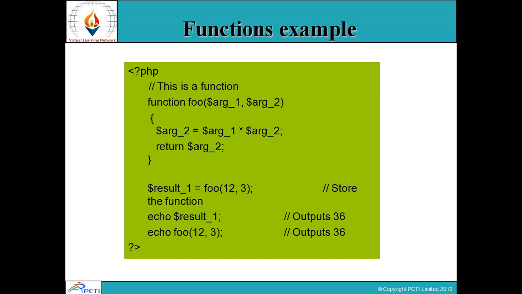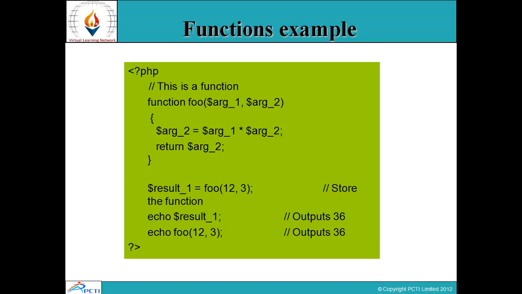I am considering another example. Suppose I am writing the code like angular bracket start, question mark, PHP tag. This is a program for the function. Function is the keyword that you must prefix before writing any function in PHP. Then you have to write the function name. Suppose in my example it is FOO. Round bracket start, $argument1, $argument2. These two parameters are passed as arguments to the function FOO.